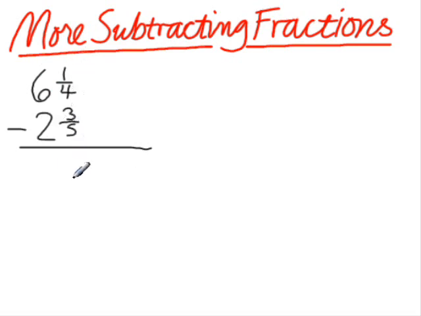I find that this is an easier way to work these subtraction problems rather than writing them out in a line. I look at my denominators. I need to find a common denominator. And the common denominator of 4 and 5 would be 20. 4 times 5 makes 20.